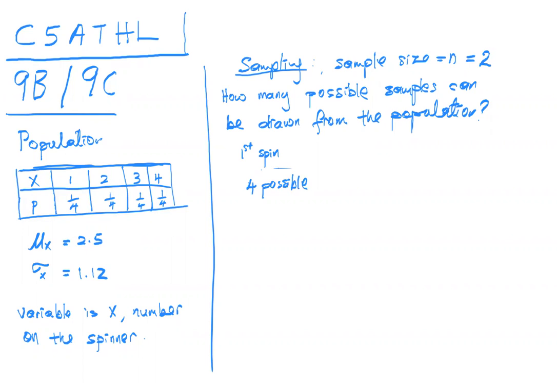And the second spin, I also can get 4 possible outcomes, correct? So n is a multiply, correct? So how many possible outcomes can I have? 16 samples.